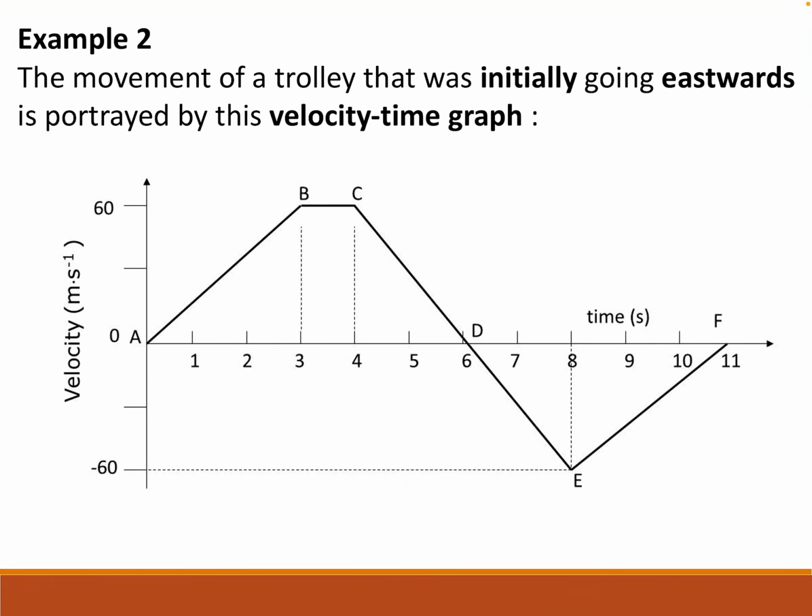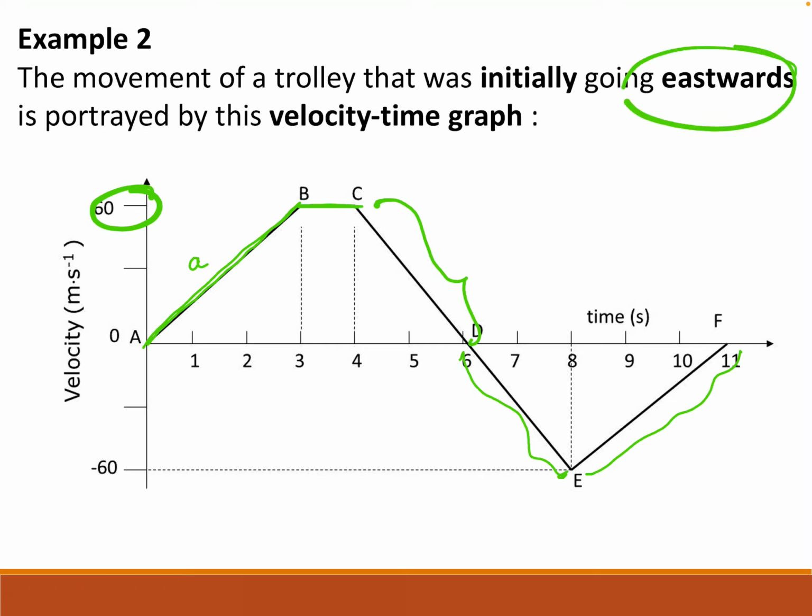Second example. Now we've got a velocity time graph. Because this velocity is at an angle, that means there's acceleration. Here there's no acceleration, it hasn't stopped. It's going at 60 meters per second. Then it's slowing down, changing direction, and slowing down in the opposite direction again.